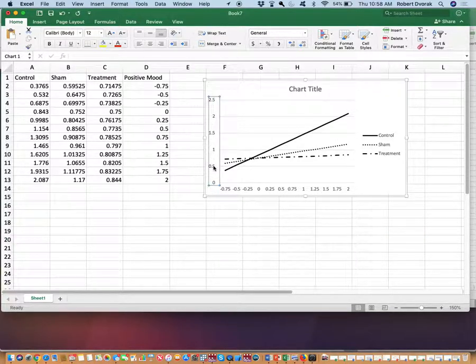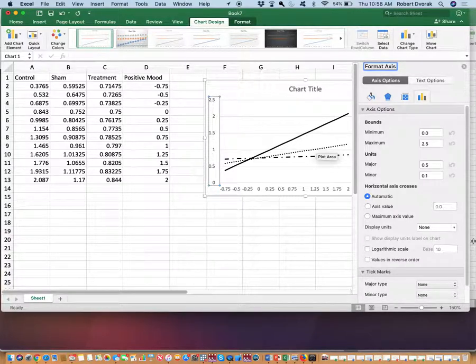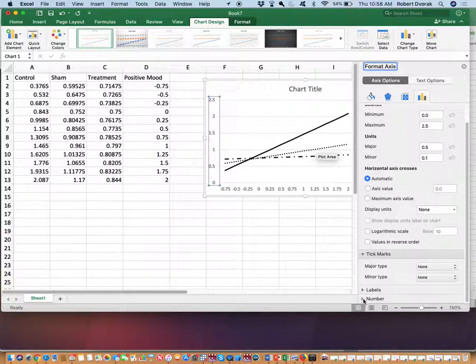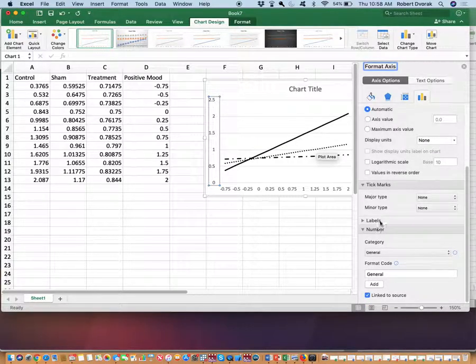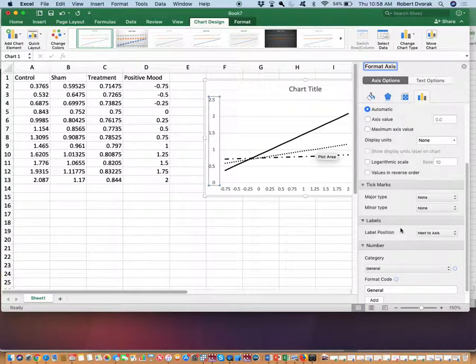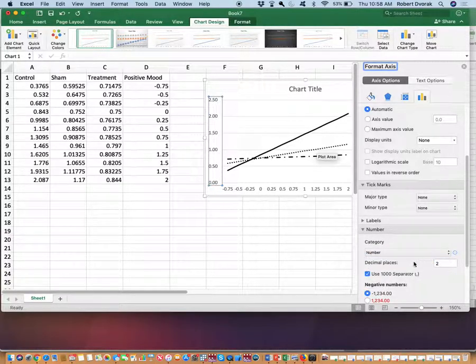Although this should technically be number, or is it labels? Are you trying to change the time to 11? No, I'm trying to change this to 2 decimal places, yeah.